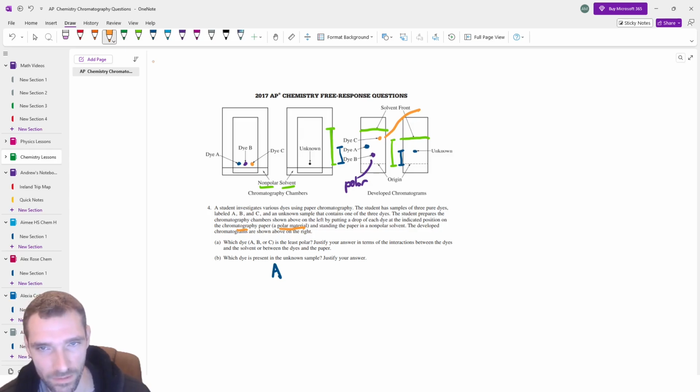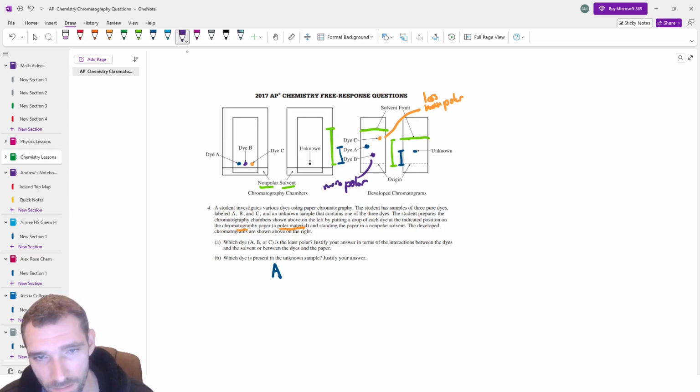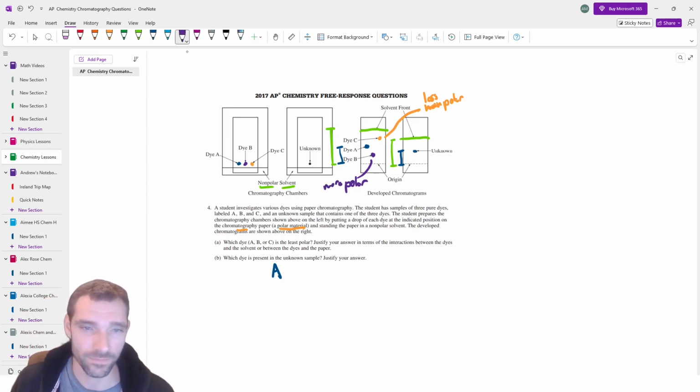They're dissolved in that solvent relatively nicely, and so it's moving up. It's not necessarily that it's non-polar; it's more that it's less polar, because these dyes are going to be somewhat polar, and it's more of this is more and this is less in the big picture on these problems.